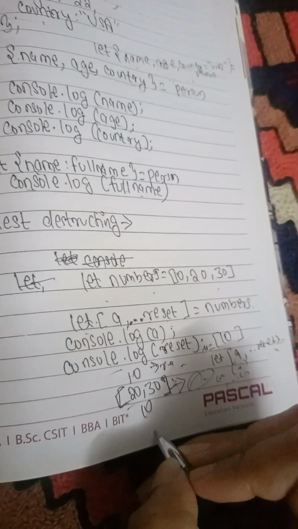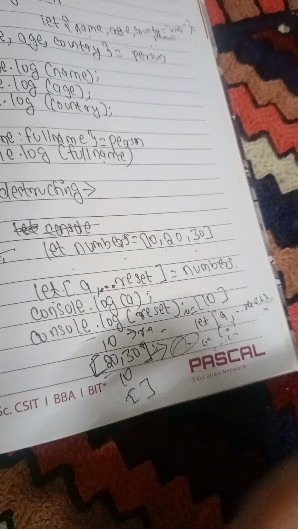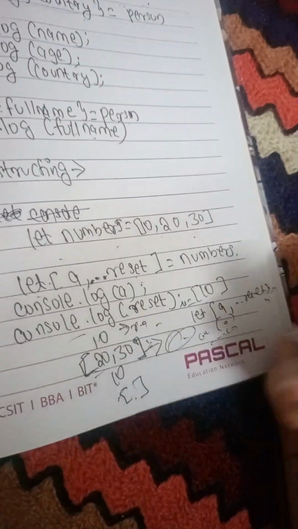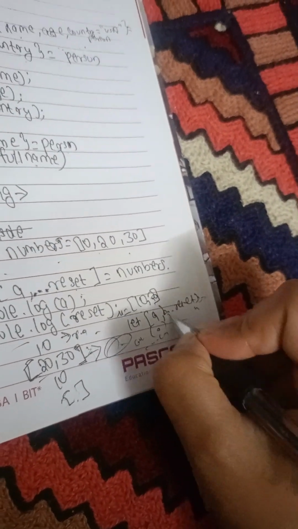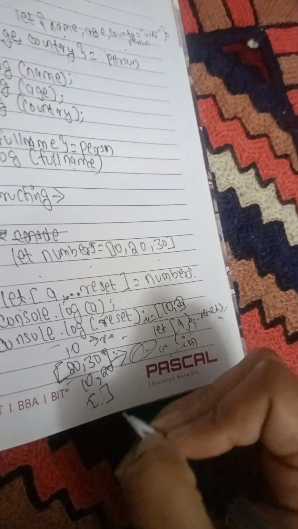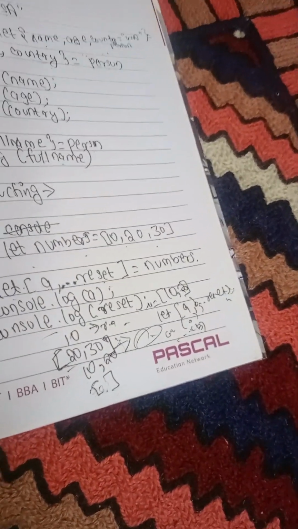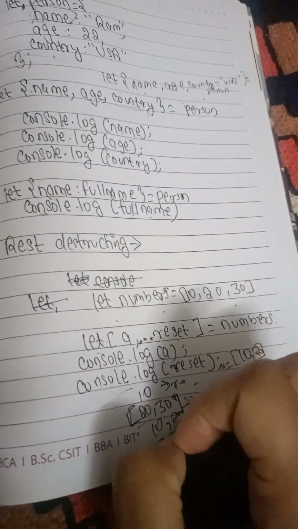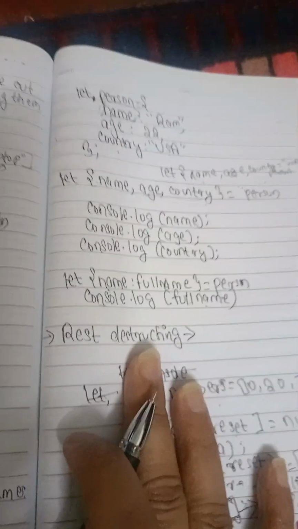It is going to print 10, which is the first value, and rest holds the remaining values. If it does not have any other value, it is still going to print that. So if we have a 20 here, and I print a, b and rest, and also console.log b, then it is going to print 10, 20, and then the remaining values. So this is how rest destructuring works.